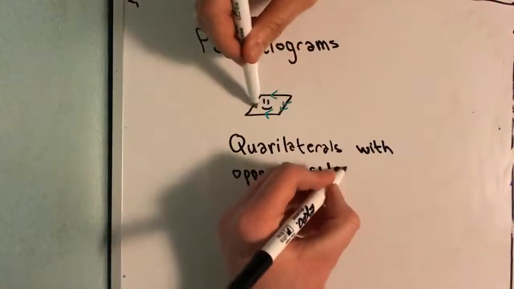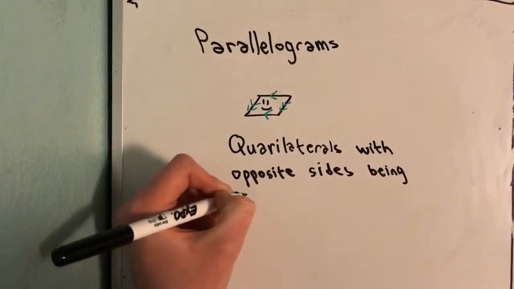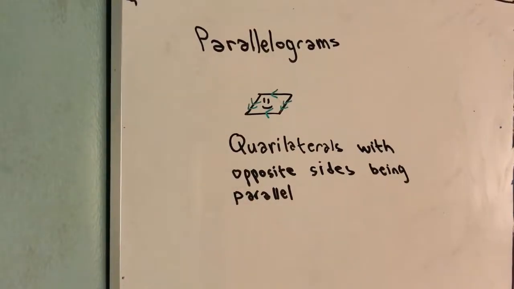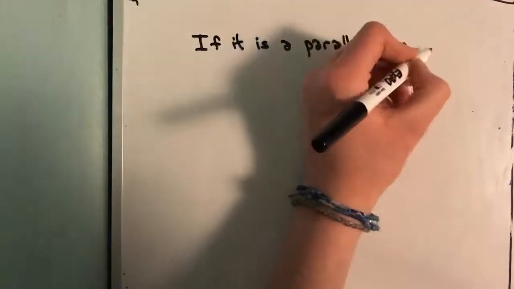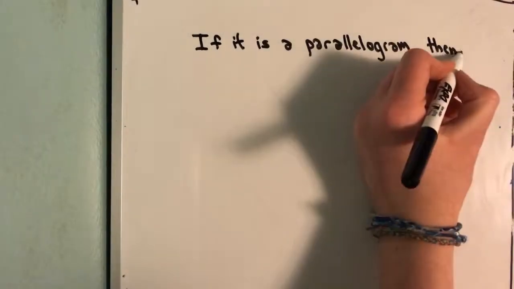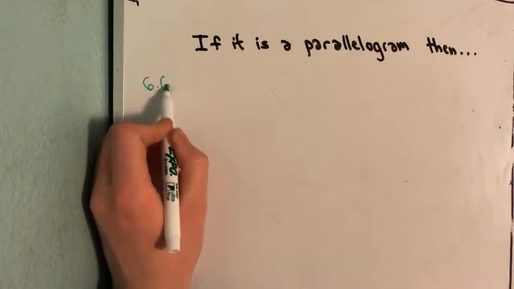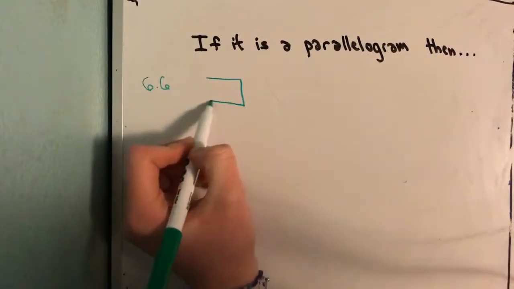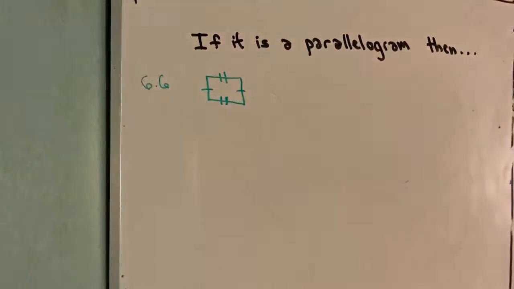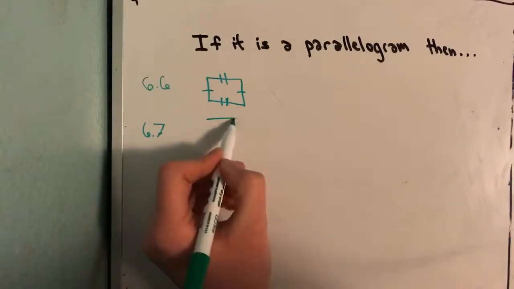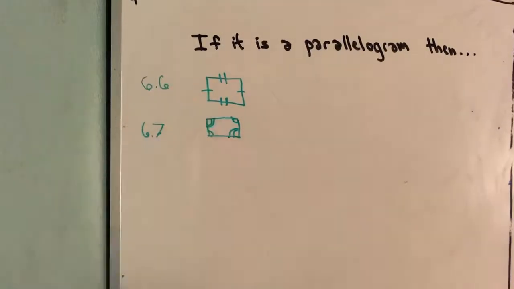Parallelograms: quadrilaterals with opposite sides being parallel. If it is a parallelogram, then opposite sides will be congruent. Opposite angles will be congruent.